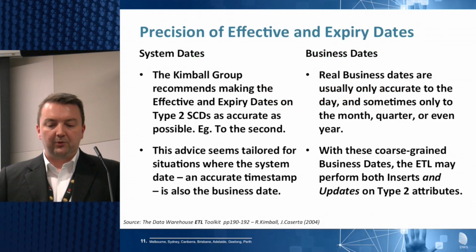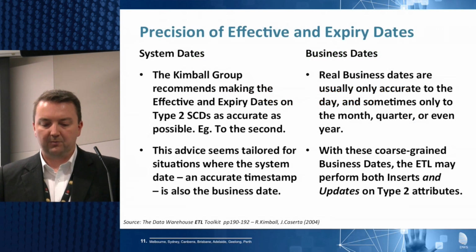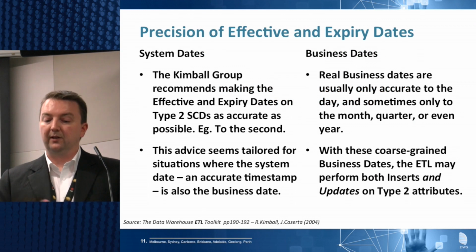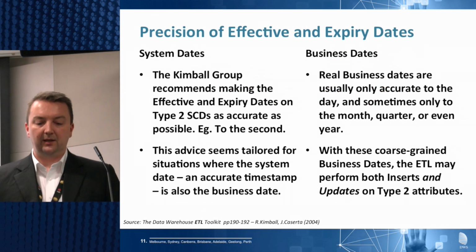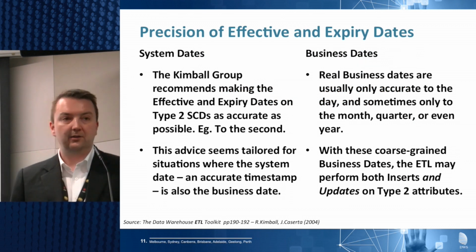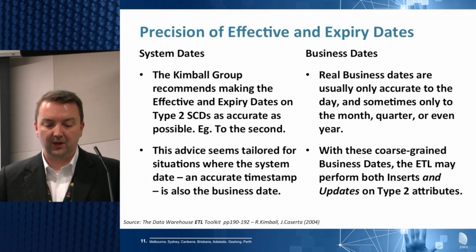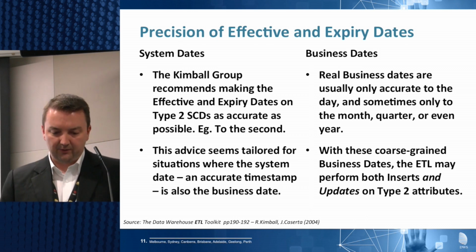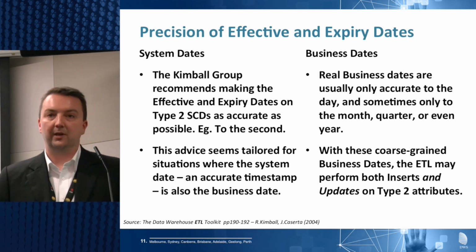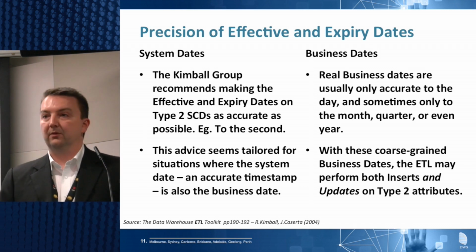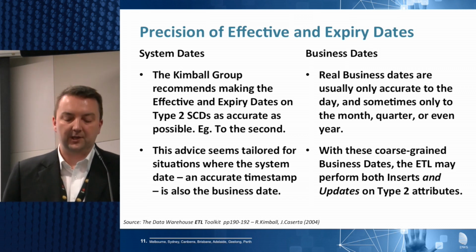All right, the precision of effective and expiry dates. In the example that I showed, the precision of those effective and expiry dates was only at the date level, not date and time. Uncle Ralph says that effective and expiry dates on type 2 slowly changing dimensions should be as accurate as possible, so accurate to the second, or even fractional seconds, as a lot of systems now capture timestamps that accurate.